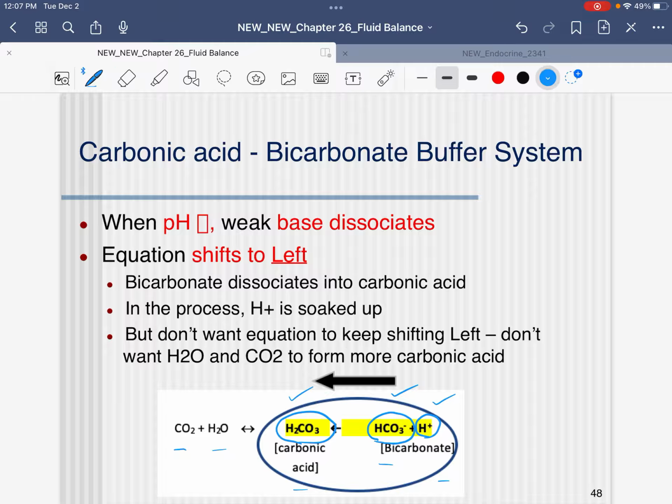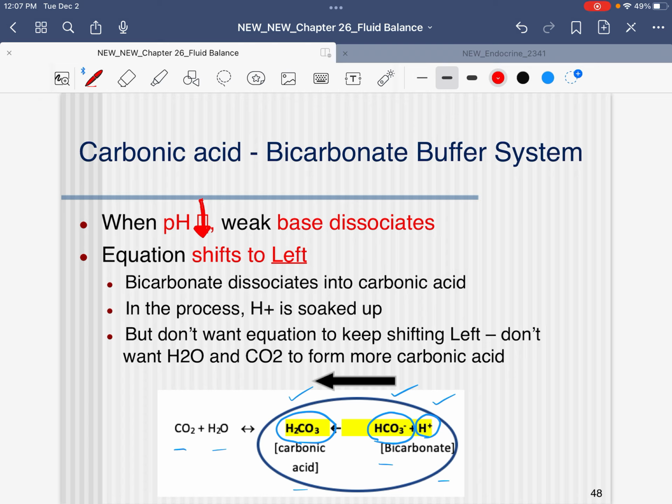Let's say, what happens if blood pH drops? Isn't that the more common thing to happen? Your blood pH has the potential to drop so many times. If you have some orange juice, if you have some tomato sauce, if you have anything acidic, you exercise, we start to produce lactic acid. We burn fat for energy.